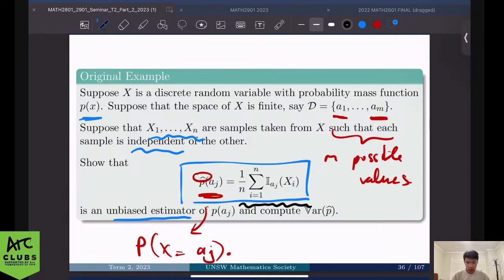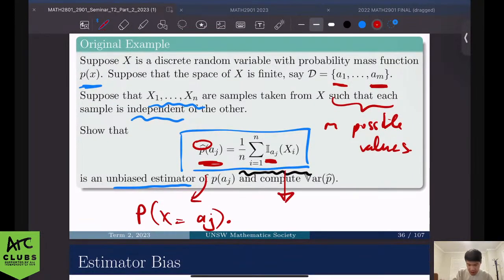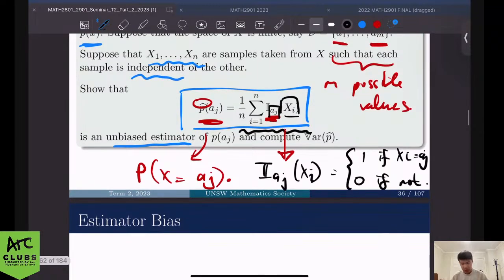Just a notation thing if you've not seen this very much: this fancy little I is an indicator function, and it refers to whether or not x_i is equal to a_j. I'll write it out formally: the indicator function is equal to 1 if it's true, so 1 if x_i equals a_j, and 0 if not. And you can already see, if something's either equal to 1 or 0, what distribution will that follow? Bernoulli distribution, right? So Bernoulli.